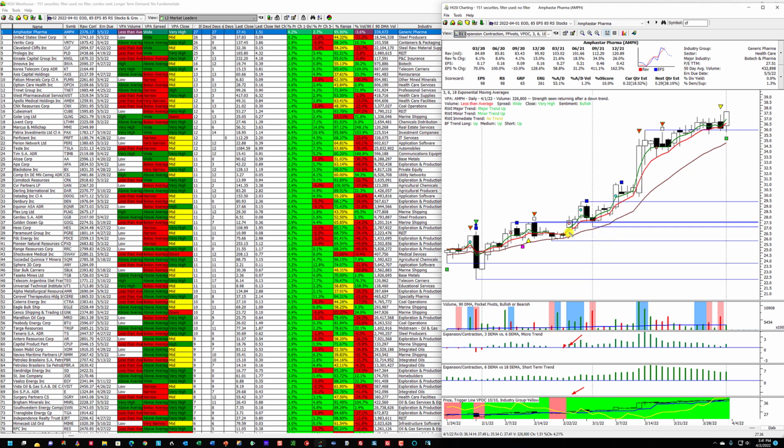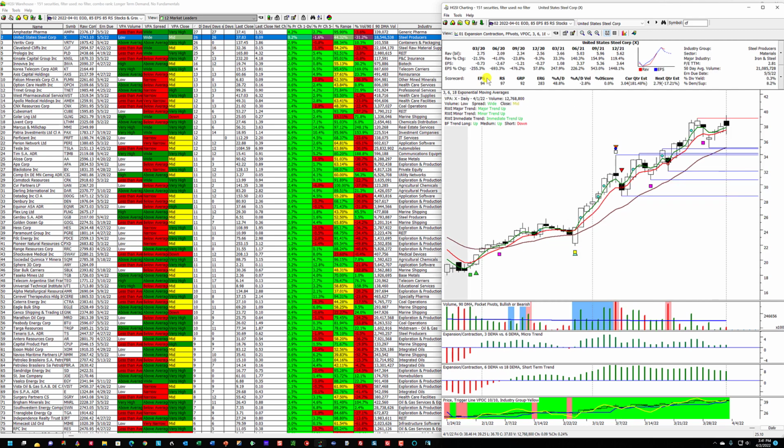It happened clear back here. You can see it happening here, and it really didn't look back. The 3 has never crossed down below the 6, and we have strength seen returning after a downtrend as of Friday. So we have a strong stock, and every time it's tried to pull back a little bit, what happened? Buyers stepped in. I'm going to put that one in my group too.